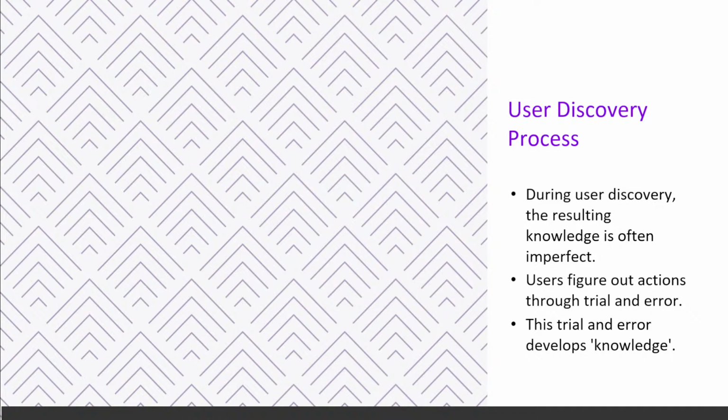And so the role of trial and error in developing user knowledge is incredibly big, right? Like it's the way that we interact with the world ever since we're very, very young, right? Like your parents can tell you, oh, the stove is hot, do not touch it.